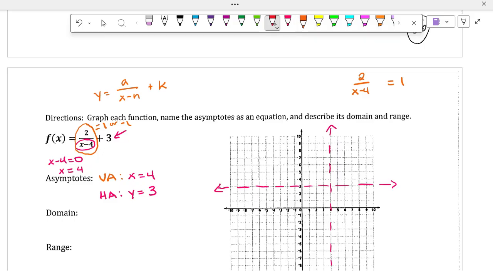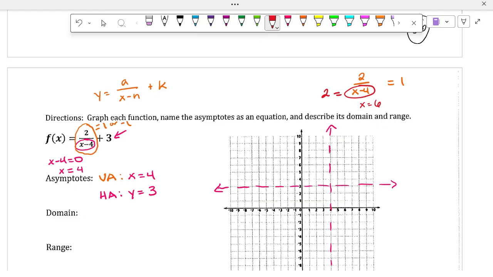So what value would the denominator have to be equal to? 2. So in other words, we're finding what value of x gives us 2 in the denominator, so that when we do 2 divided by 2, it gives us 1. And that would be 6. So x would have to be equal to 6 for that to happen. So that's the first part of my corner point.